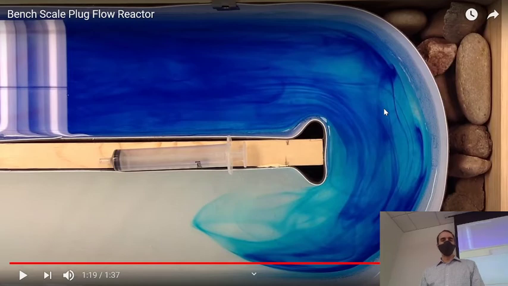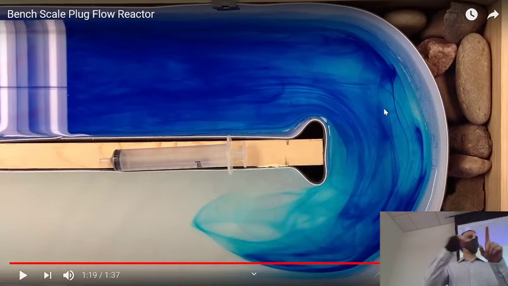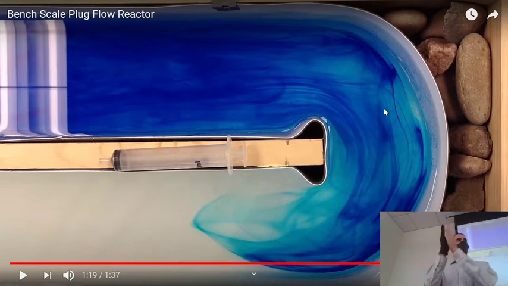We could get into non-ideal, how to model that, how to adjust for things. Maybe you take, instead of one plug flow reactor, it turns out if you take an infinite number of CSTRs, where you have a little well-mixed spot, water coming in, and then going out, and then another well-mixed spot, that math also comes out to be the same as a plug flow reactor. So if, instead of taking infinite, maybe take 5.